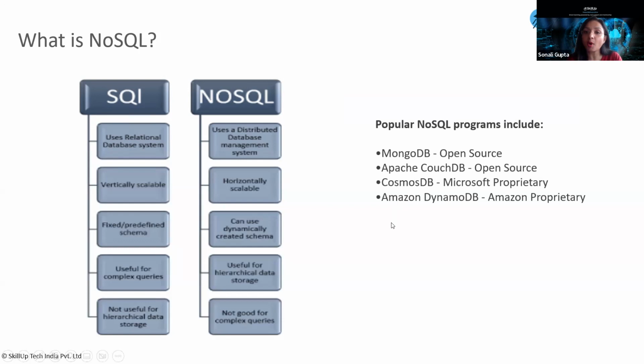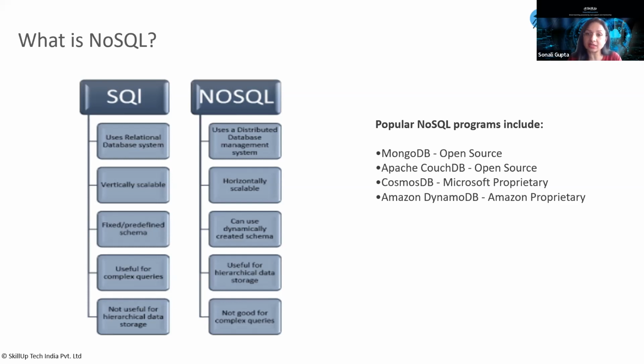Okay, now what are the popular NoSQL programs that we include? We are coming to that. So popular NoSQL programs include, so one is MongoDB. If you see in most of the corporates, MongoDB is used widely when the NoSQL database is concerned, because it's open source.